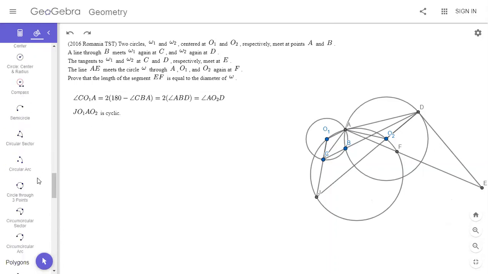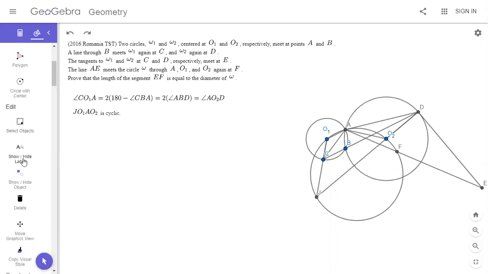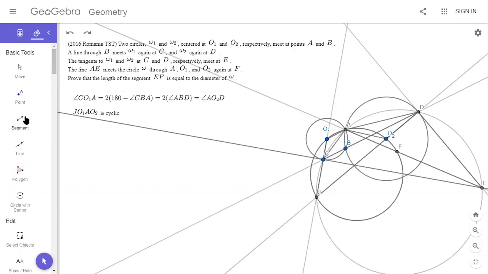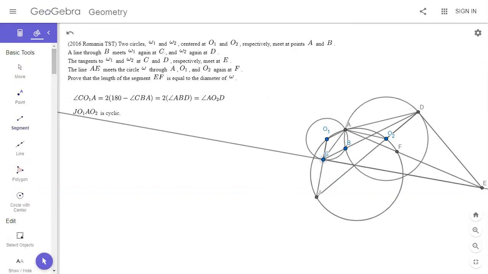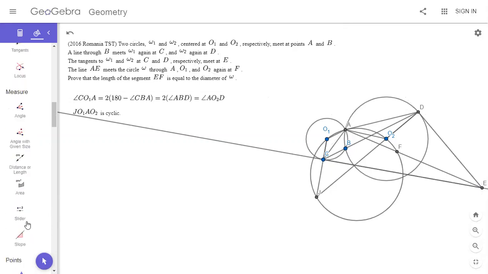So I think I may have hidden more than I should have. So let me unhide. Yeah, this segment through C and E, I should draw, because that's part of the problem.